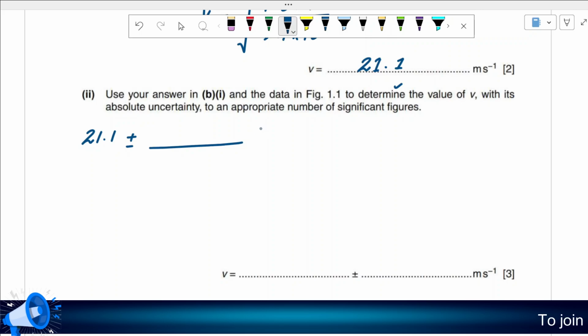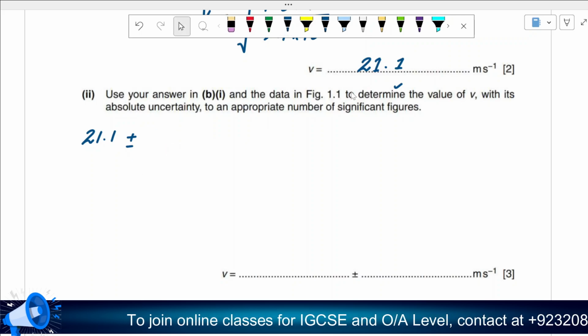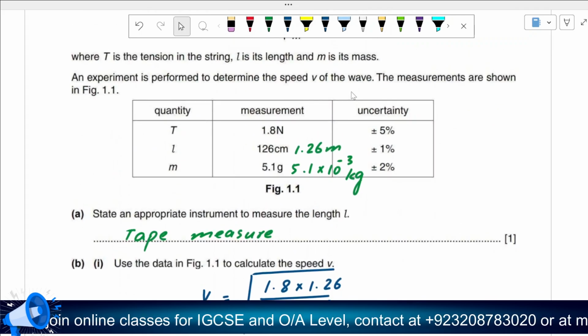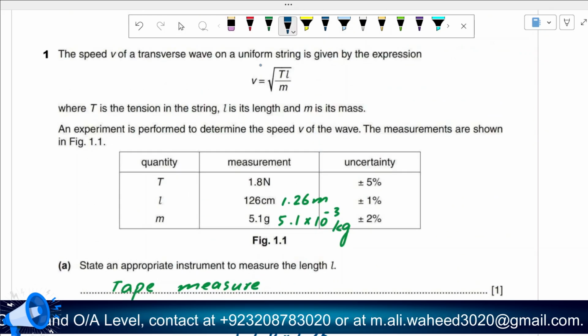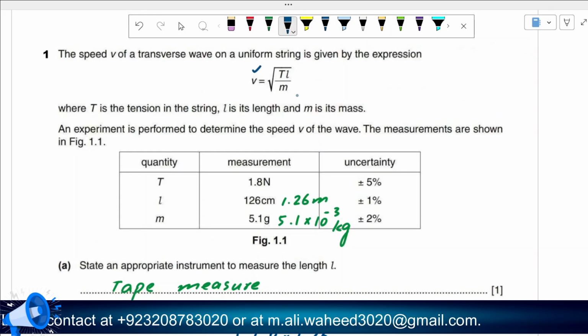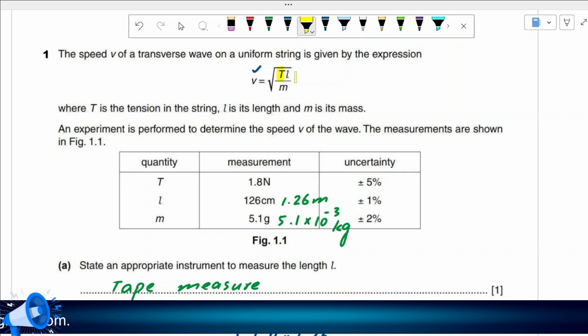We need to find the absolute uncertainty. Since in the formula for V the quantities are being multiplied or divided, we'll add the percentage uncertainties of T, L, and m.